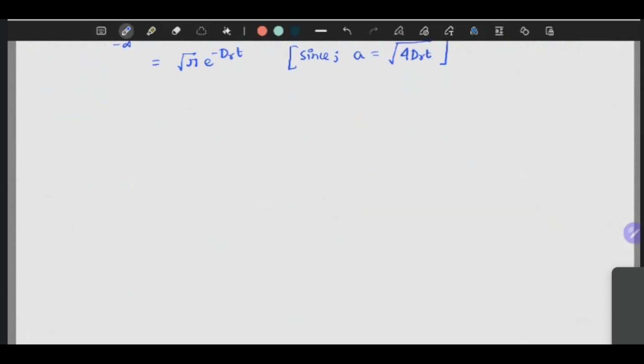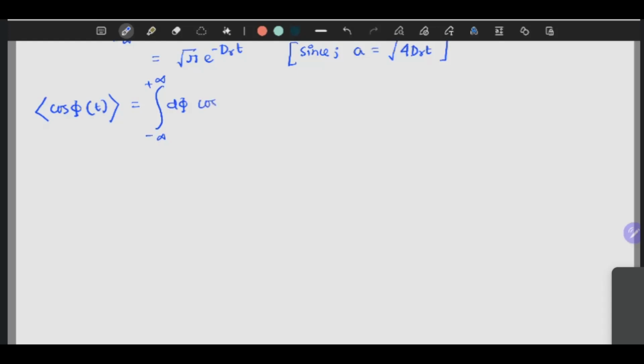From here now we can write the average of cos phi of t, which becomes the integral from minus infinity to plus infinity of d phi cos phi e to the power minus (phi minus phi naught) whole square divided by 4 D t, into 1 by root over of 4 pi D t.